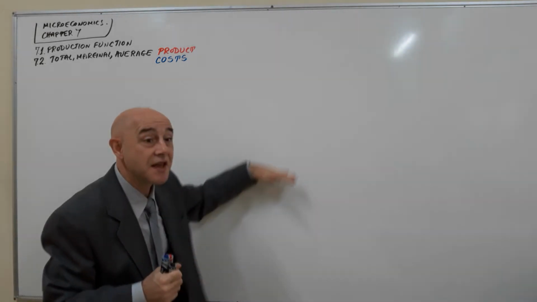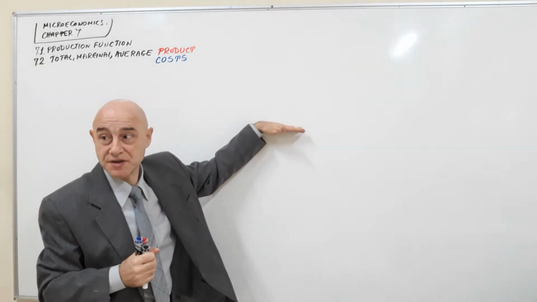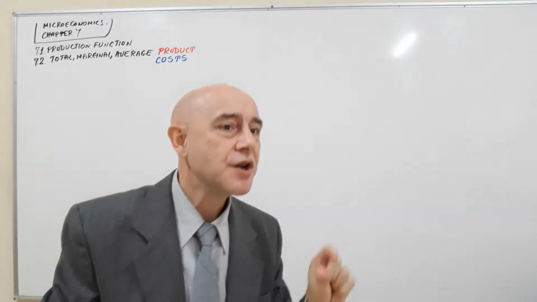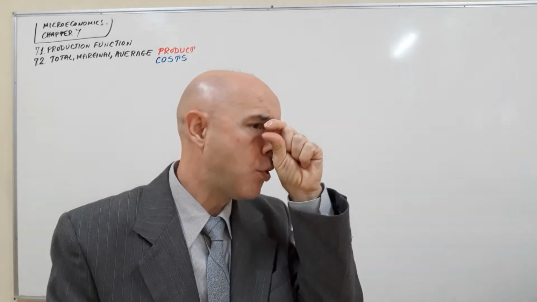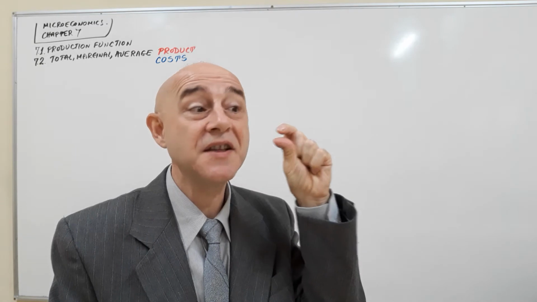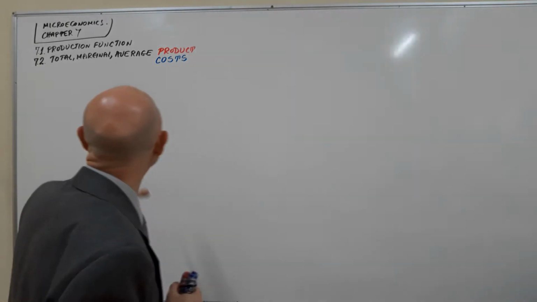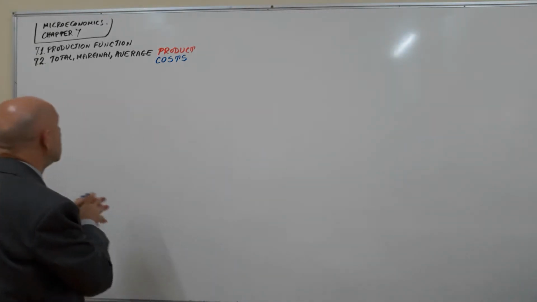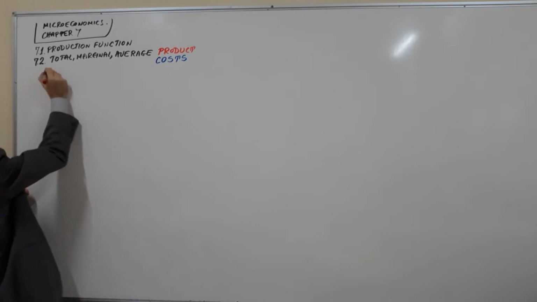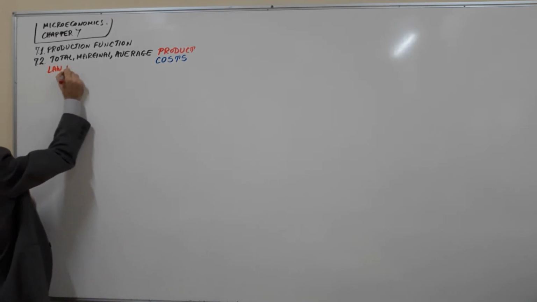So, for the first 10 minutes, you could earn 5 points. For the second hour, you may earn 0.5, 10 times less. So this is the law of diminishing returns.